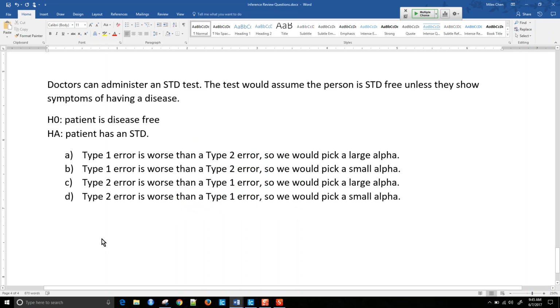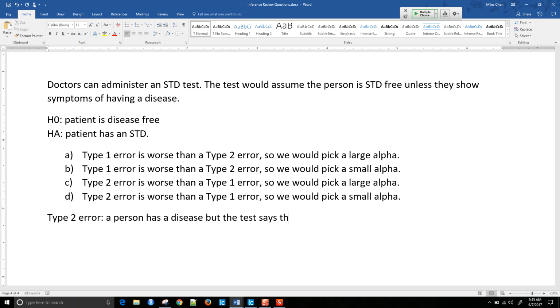So in this context, a type 2 error would be a person has a disease, but the test says no disease. This could potentially lead to the disease spreading.